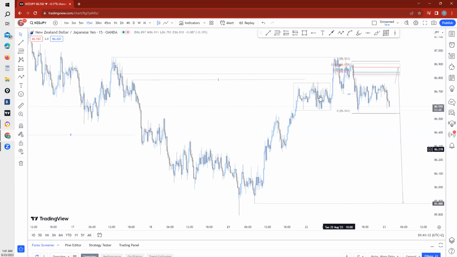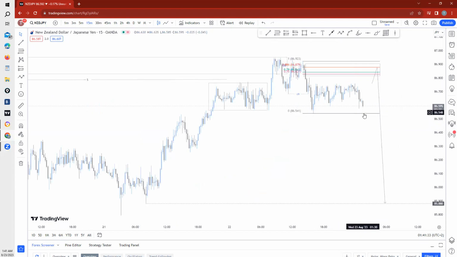See, I can see that the price needed to complete this. Now we're expecting a reversal. So I'm expecting price to go further to the downside. That's my expectation.